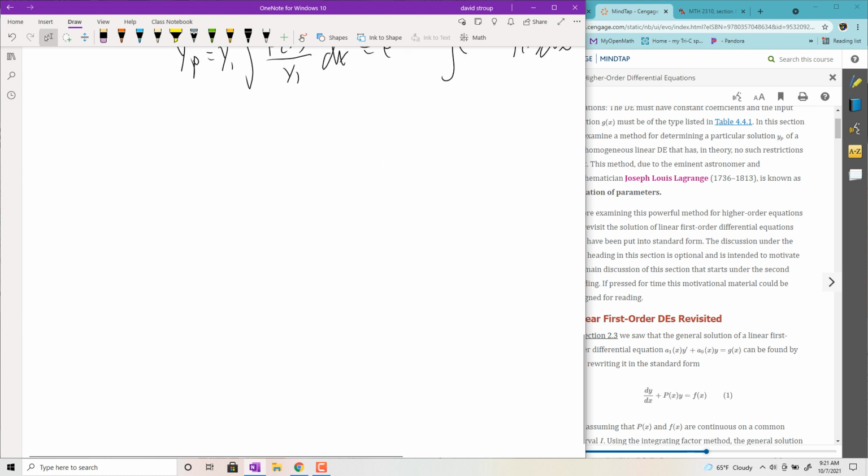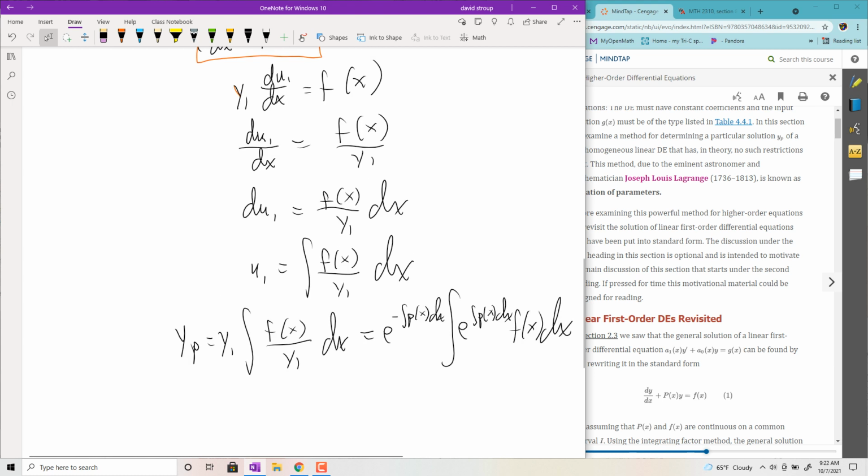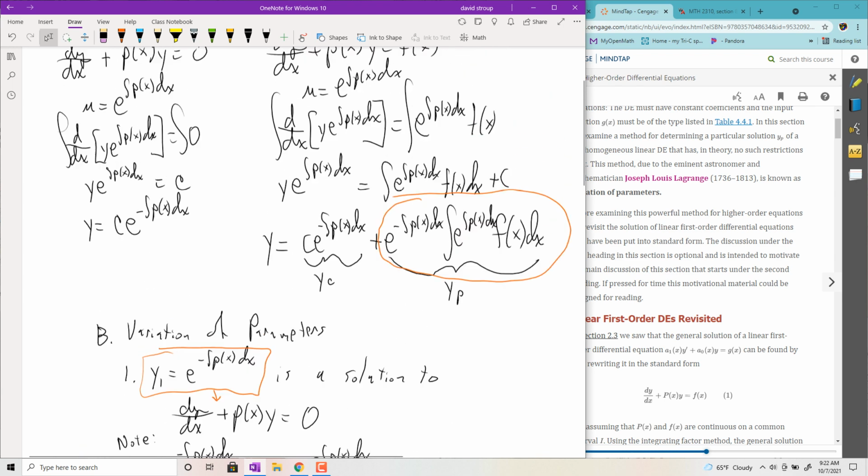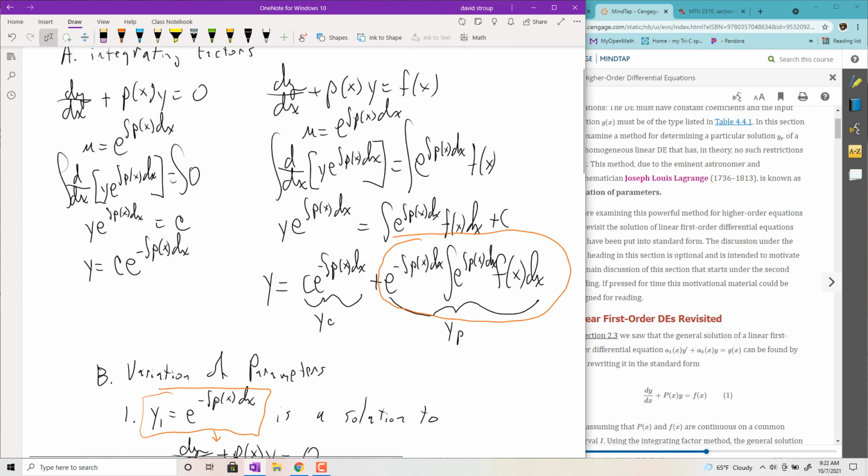So let's move up to second order linear differential equations. Once you get to second order, it becomes a little more complicated to solve for u1, because it's not just u1 you're solving for, there's a u1 and u2, right? Because this was first order, you knew the form of the general solution of the associated homogeneous differential equation.